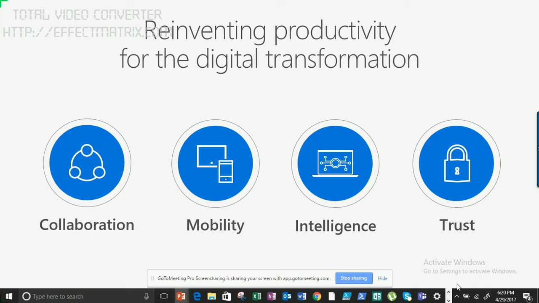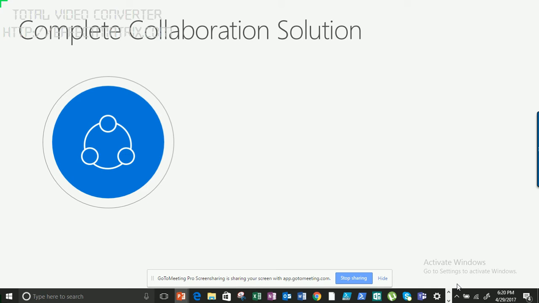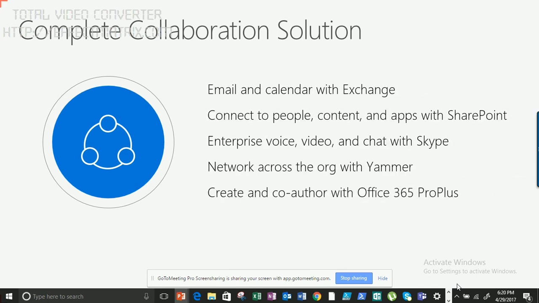I can come up with all kinds of fancy terms saying Office 365 can do this, it can do that, it can really enhance your business, it can take your business to the next level. But really, trust matters. Unless you trust the service, you're not really going to invest in it and use it for your business. So let's talk in detail about the collaboration part of Office 365.